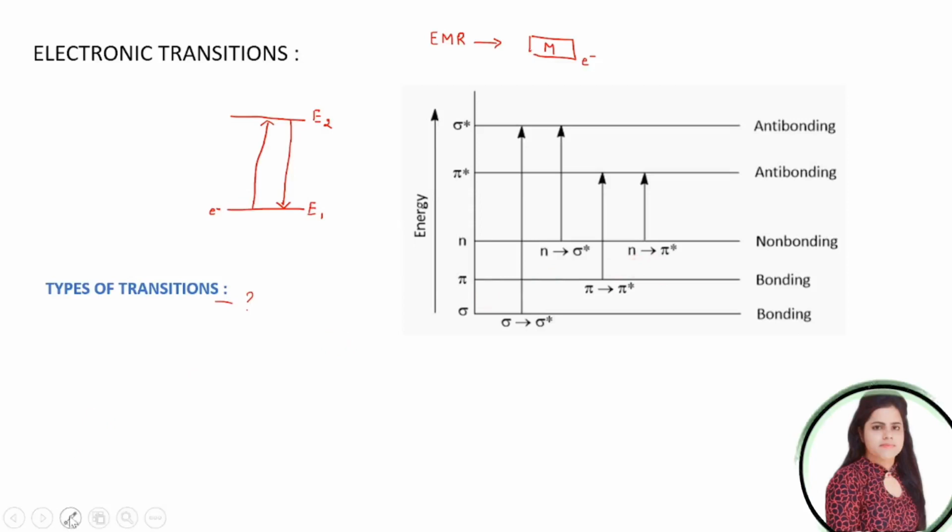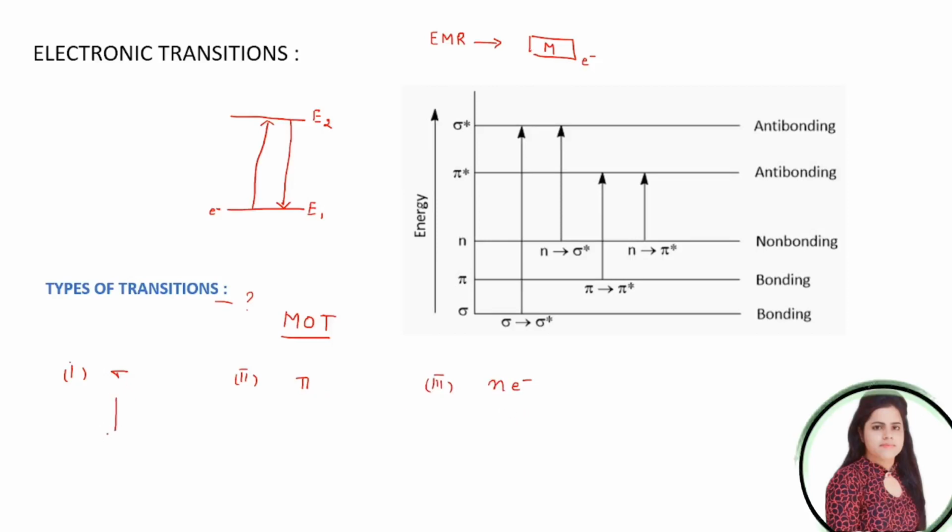So how to understand these types of electronic transition? For that, again we have to understand molecular orbital theory. The answer lies in molecular orbital theory. We have three kinds of electrons present in molecular orbitals: sigma electrons, pi electrons, and non-bonding electrons.